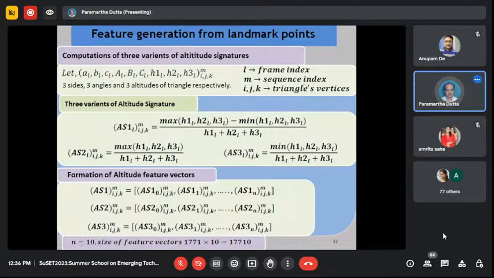They are indexed like that. So three sides, three angles, and three altitudes of the triangle respectively are taken into account. In order to have this, these are the formulae that we use. So essentially, this is our feature. That is what you use, and by using that, it's a different feature.